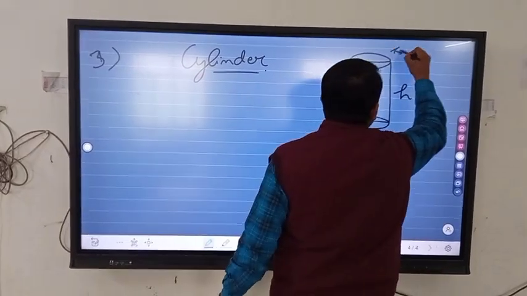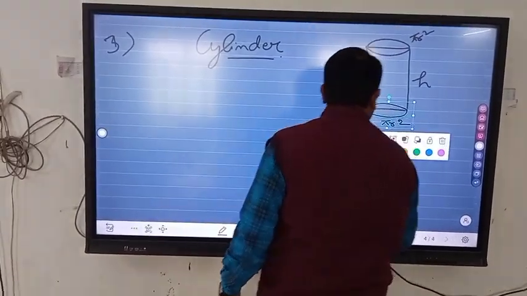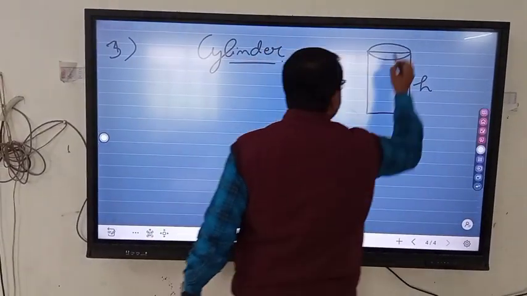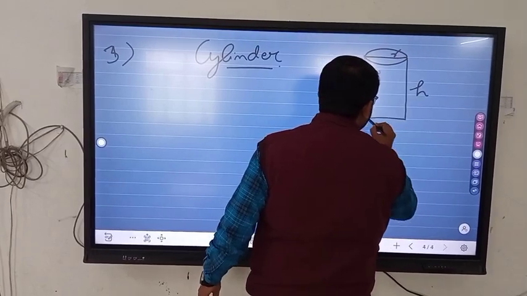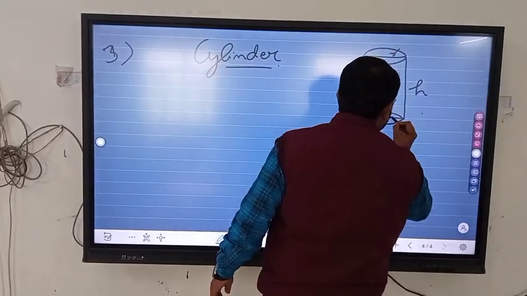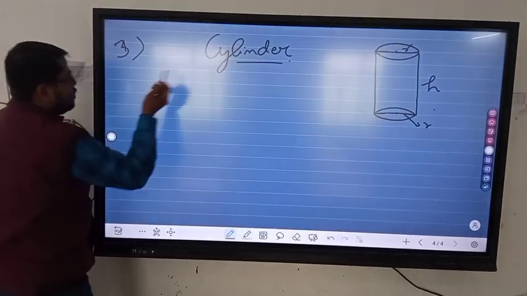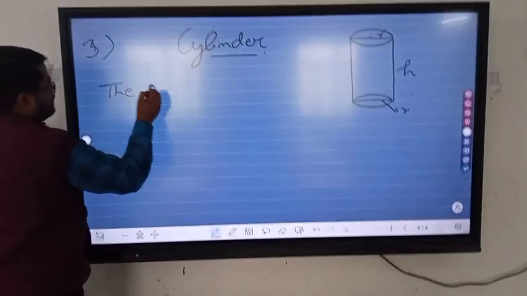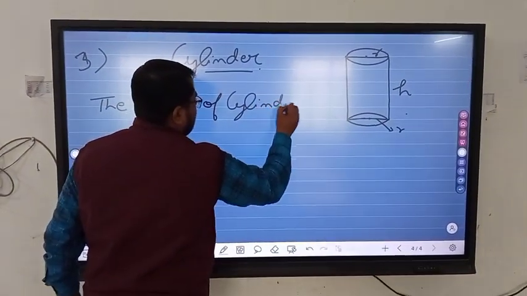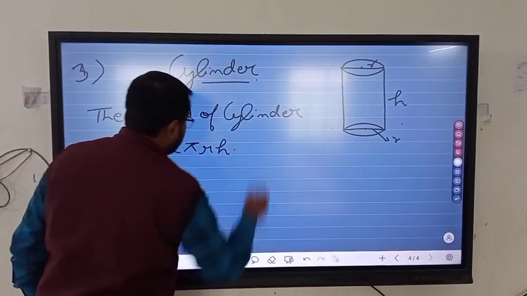This is also pi r square. The curved surface area is equal to 2 pi r h.